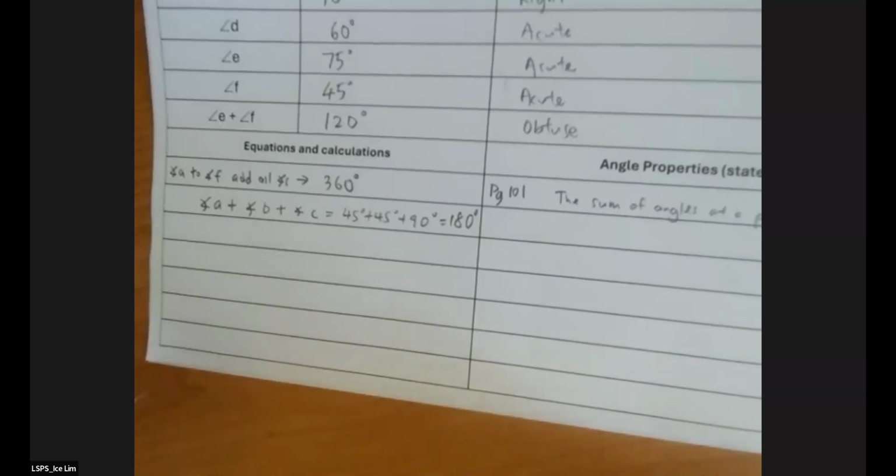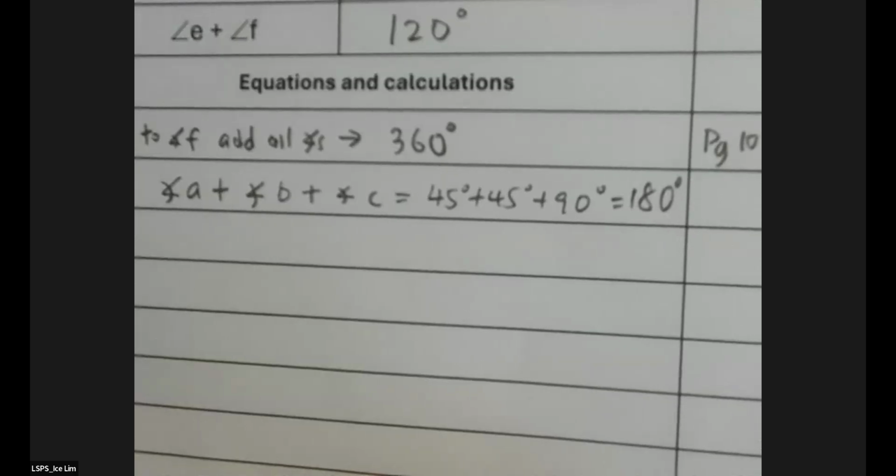It says 180 degrees. And then what he did was to take the ruler and make sure that it was half the pizza and it lies on the straight line.